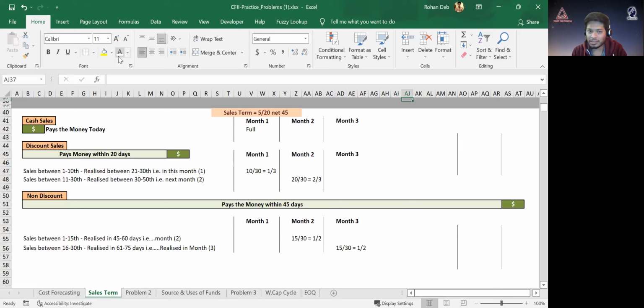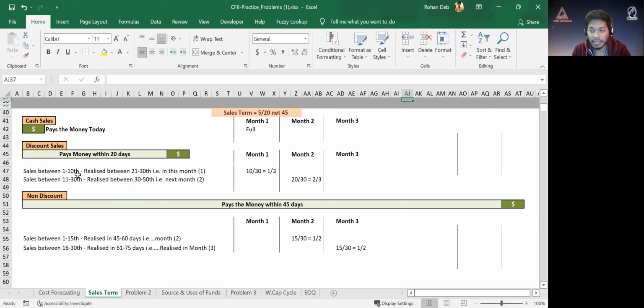So basically it means a 5% discount if you pay within 20 days, but the net credit period is 45 days. If I pay the money today, it's a cash sale, I will receive the entire money in full. If he pays within 20 days, then I give him a discount.